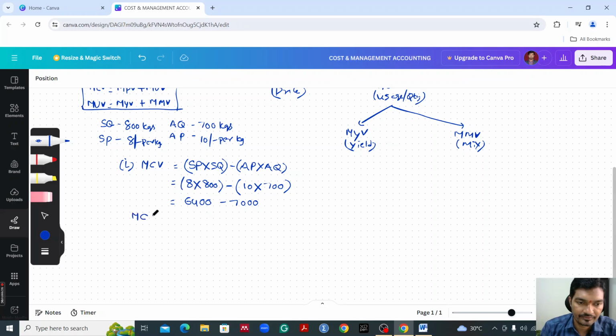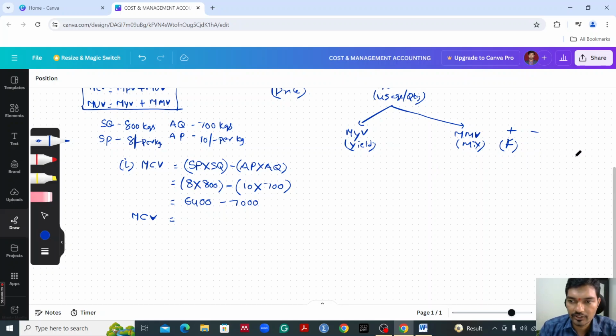Then MCV is, usually we'd write minus 600, but in standard costing, instead of writing plus and minus symbols, if we get the value positive, we should write F. F means favorable.